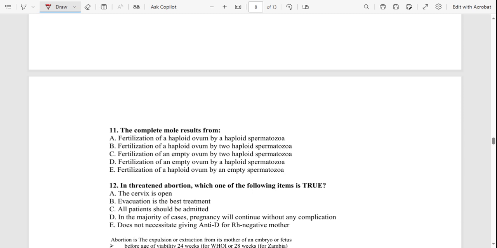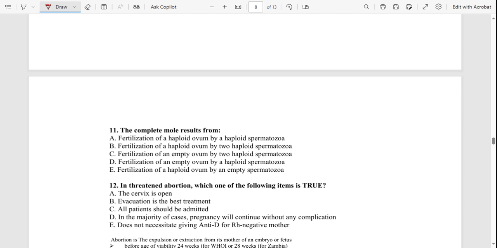It is fertilized by either one or two sperms, so the paternal genetic material is going to duplicate.